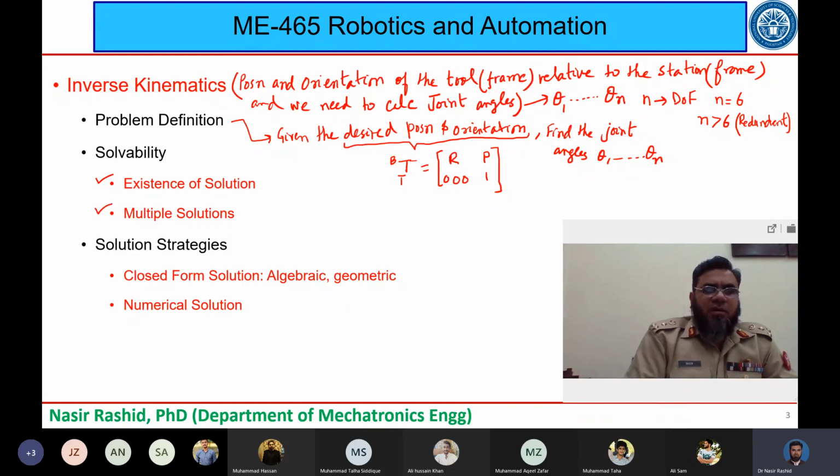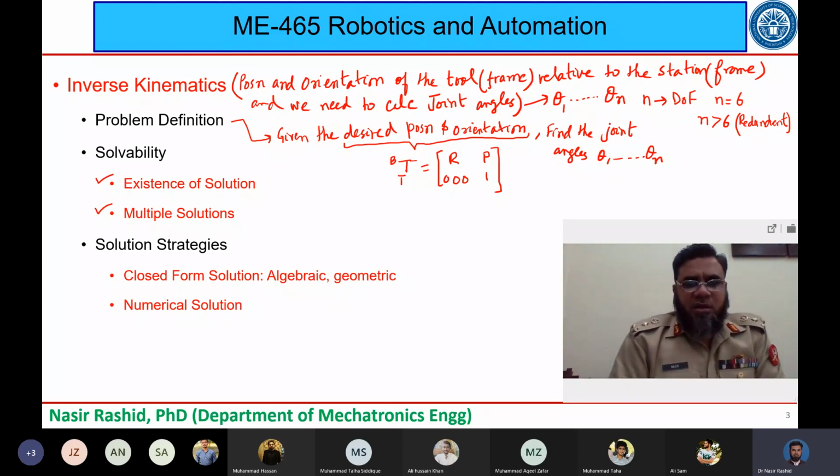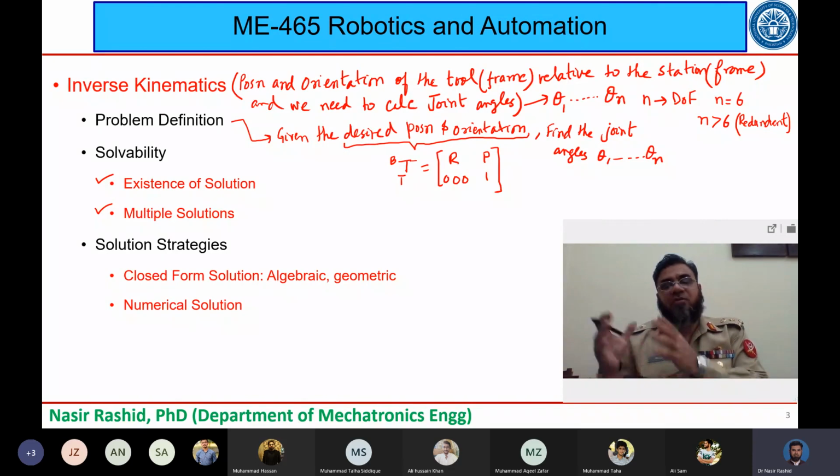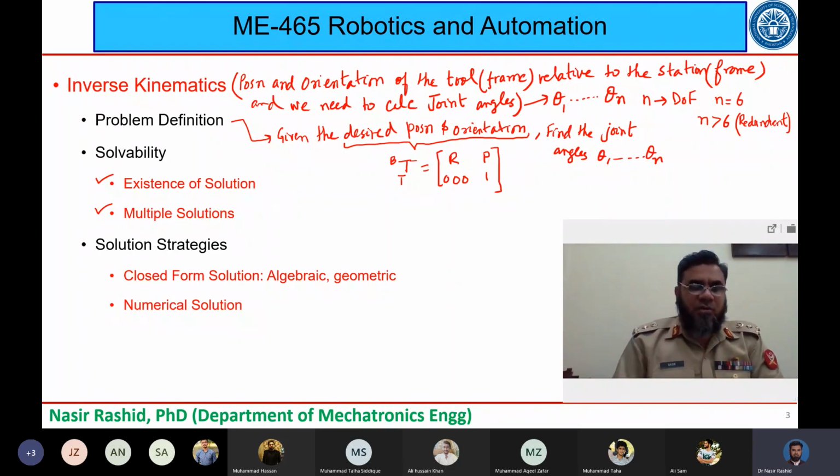We are going to talk about it in more detail later in this lecture, and we will also see that there can be multiple solutions. If the solution exists, then it means that we can solve that problem. And number two, do we have only one unique solution or multiple solutions? We are going to talk about this.